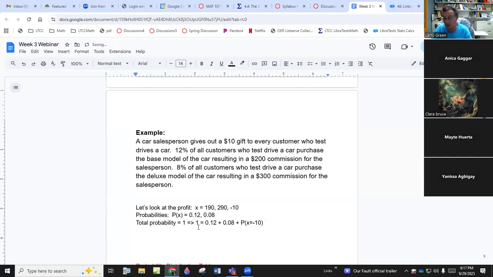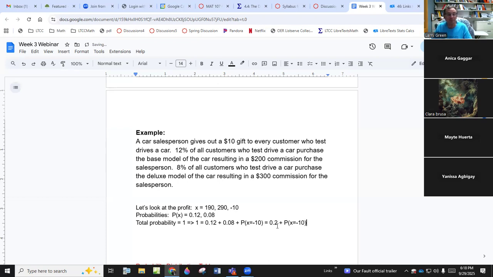Any questions on that so far? Okay, 0.12 plus 0.08 is 0.2, right? 12 plus 8 is 20, 20%. 0.2 plus the probability that x equals negative 10.